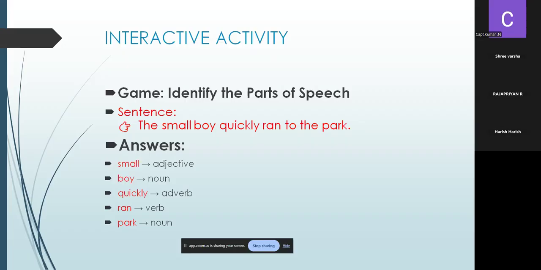Fourth question: The cat is dash preposition the table. What is the answer? Under or on. Next question: I like tea conjunction coffee. Yes, and or. These are the two options that can appear here.